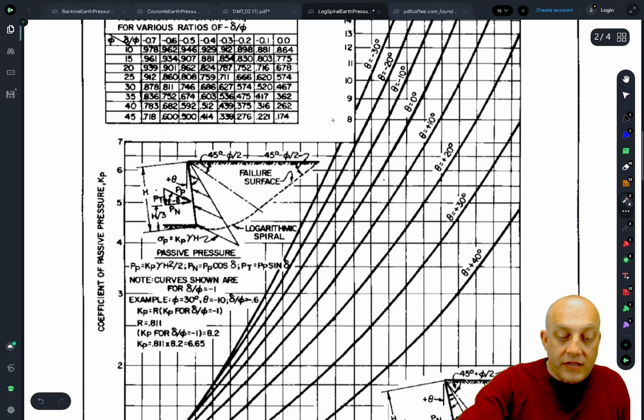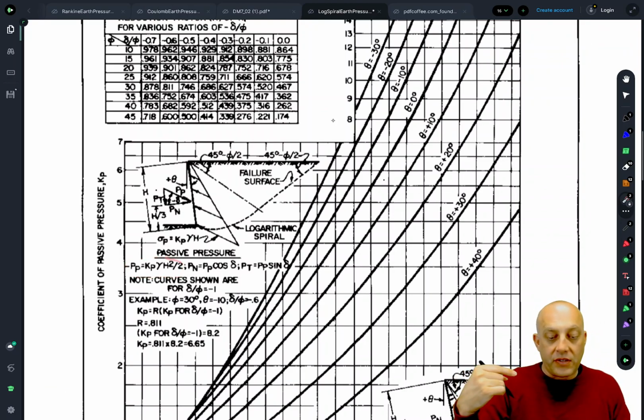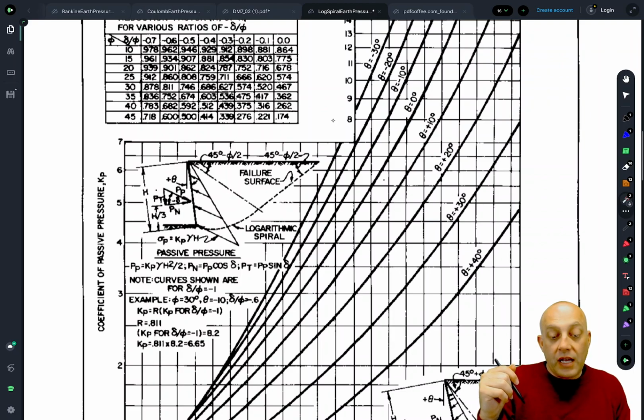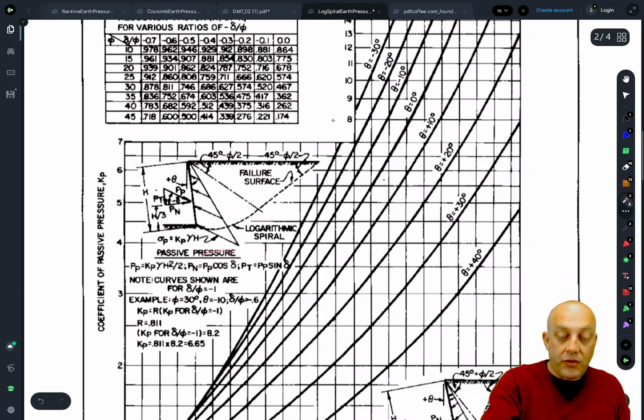Okay, one thing is that this is giving you the actual inclined resultant force, right? So P sub P is shown here. It's inclined at an angle. It's Kp gamma h squared over 2, where the Kp is picked off of this plot. A lot of the time what we want to design for is actually the horizontal component, right? So Pn would be the normal component to the wall, Pp times cosine of delta.